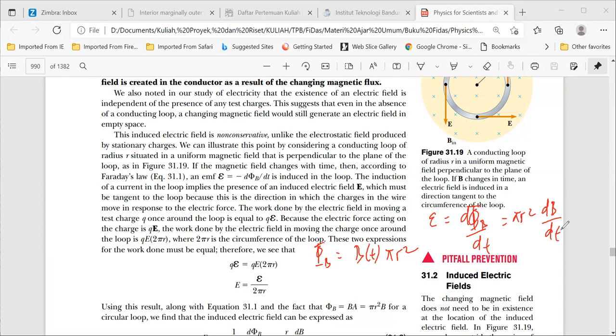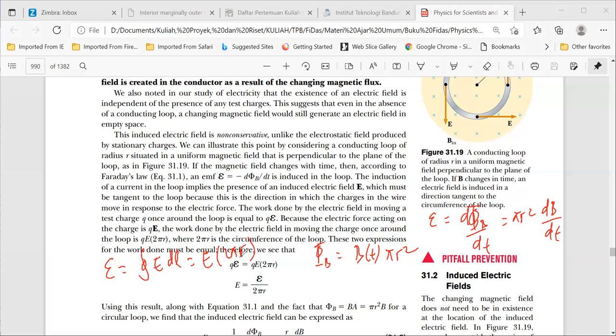But we know that this potential here, using this formula, is equal to E times 2 pi r.